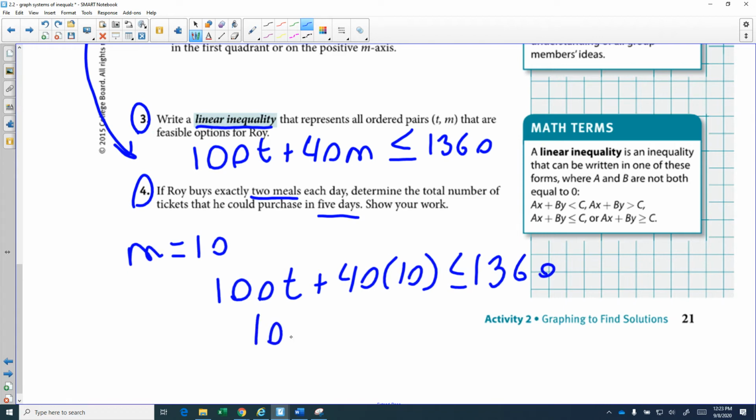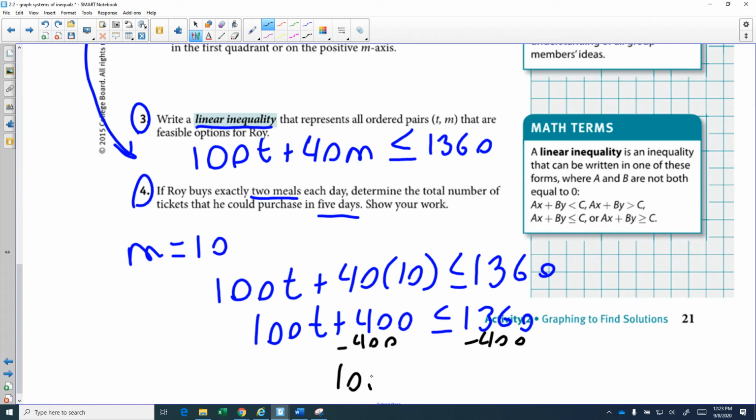This comes out to be 100t plus 400 is less than or equal to 1360. And now we're going to treat this just like an algebraic problem. Even if we have an inequality, we're going to treat it the same way. We subtract the 400.